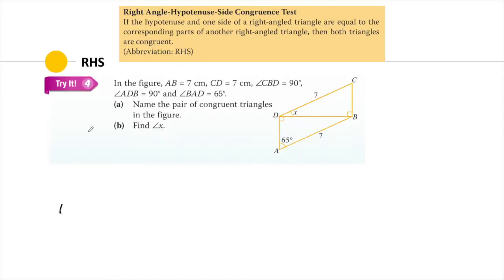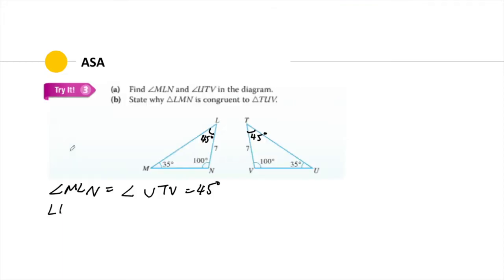LN is equal to TV, which is equal to 7 cm or 7 units. And angle LNM is equal to angle TVU.